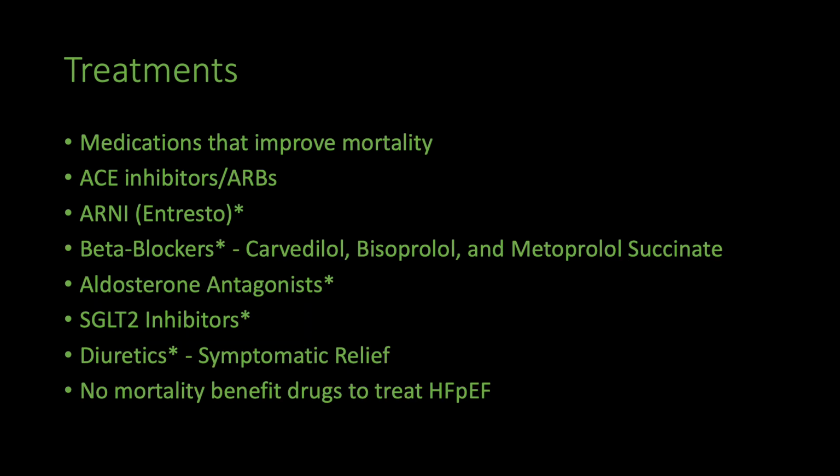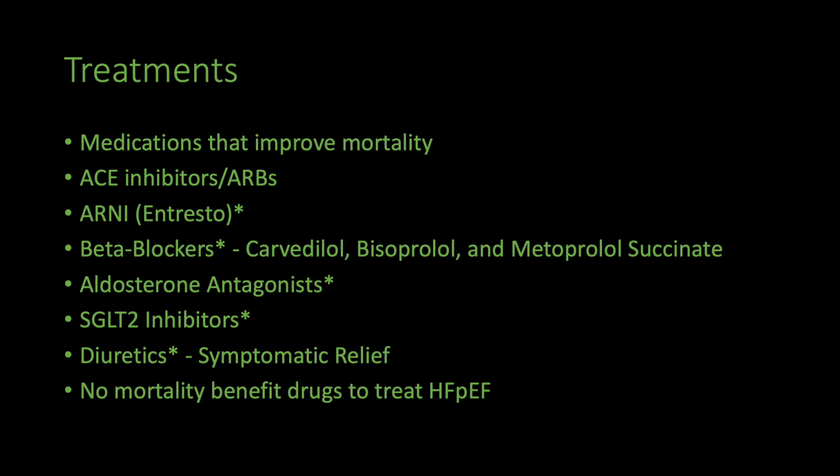These are some of the medications that might improve mortality in patients with heart failure. As I mentioned, there are some overlapping classes that you may have seen used to treat hypertension. ACE inhibitors and ARBs we have already discussed.